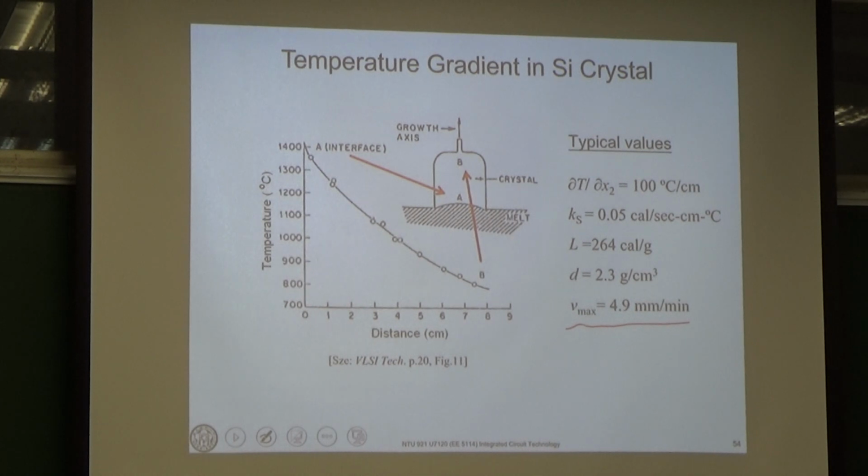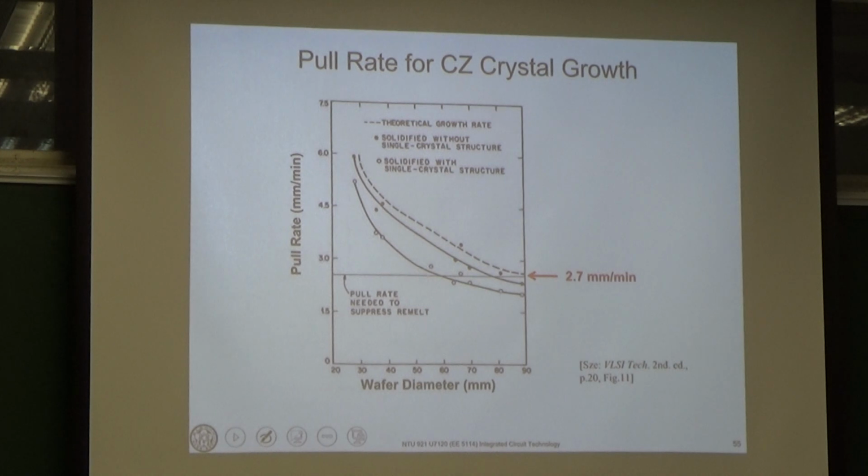Also here the dashed line is a theoretical growth rate, and they did some experiments. This is the average rate that you have to be larger than, because if it's lower than this, those solids will probably remelt into liquid. So you have to maintain a certain cooling rate.